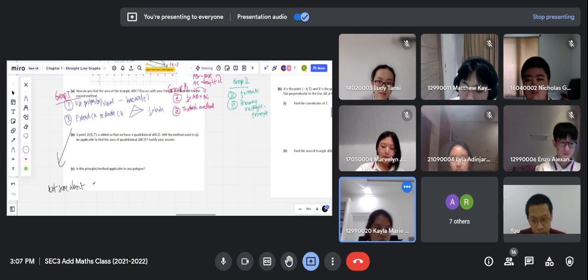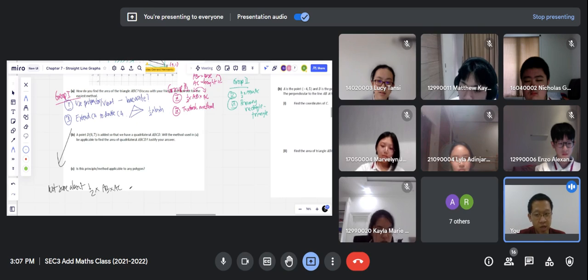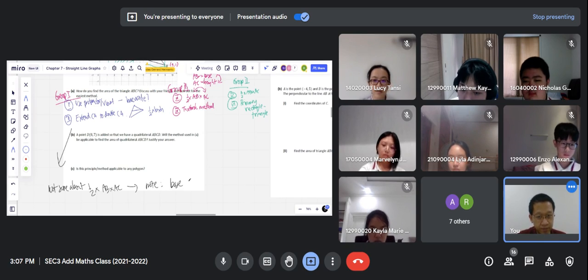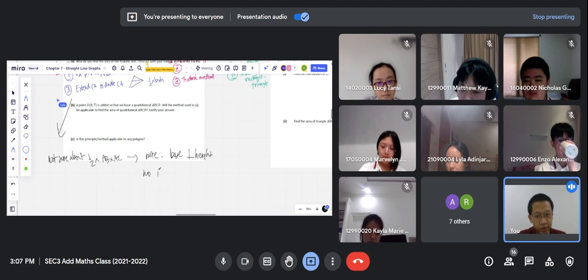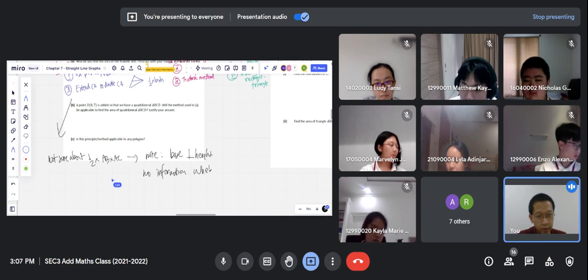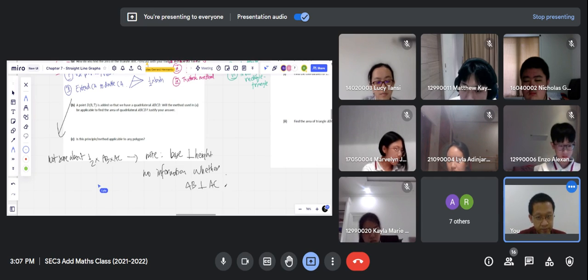There's no information that AC is perpendicular to AB. So you're not sure about using half times AB times AC because the base must be perpendicular to the height, and we have no information whether AB is actually perpendicular to AC. Thank you.